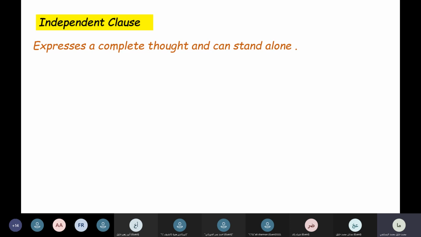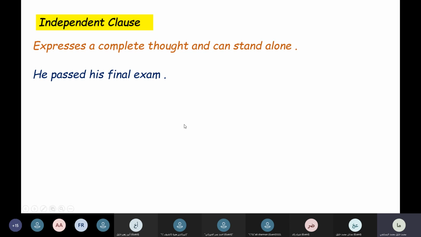Any independent clause expresses a complete meaning and can stand alone. It has a subject, a verb, and it has a complete meaning. Look at the first example.